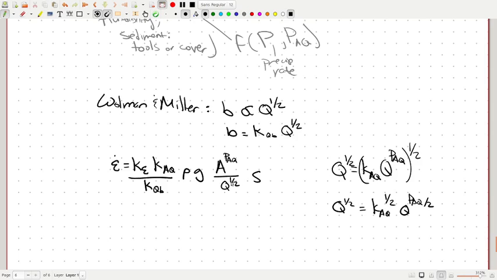So we can apply the P_AQ here and the K_AQ over here and say that erosion rate then is going to be equal to our erodibility coefficient times this drainage area to discharge coefficient that's related to precipitation and to the exponent in the relationship, K_AQ to the 1/2 power, and that's because we then divide it by K_AQ to the 1/2 from this denominator term.